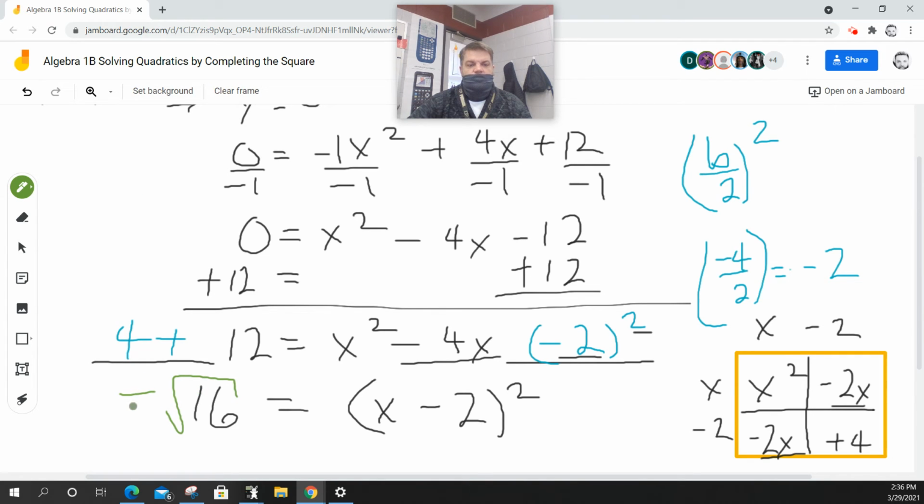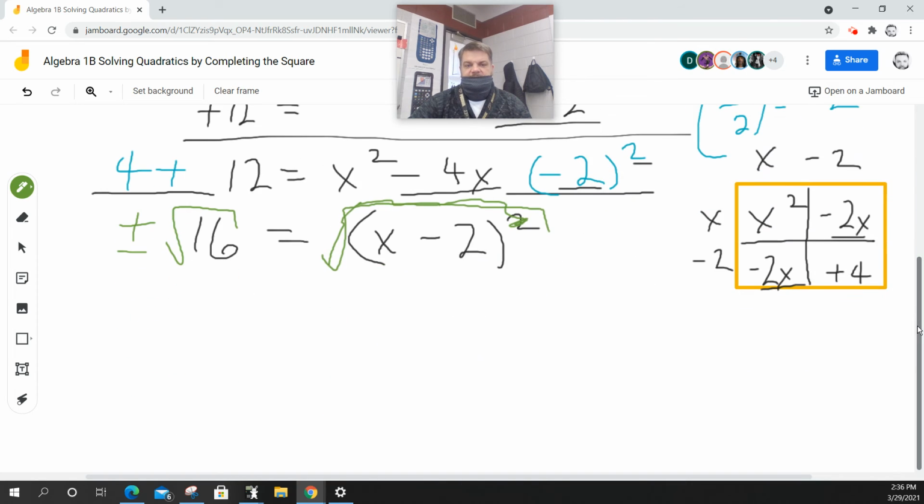I'm going to take the square root. Remember, I'm doing plus or minus on this side. The square root undoes the square. So in my next line, I'm going to get x minus 2. And then over here, what's the square root of 16? 4. So I got plus or minus 4.